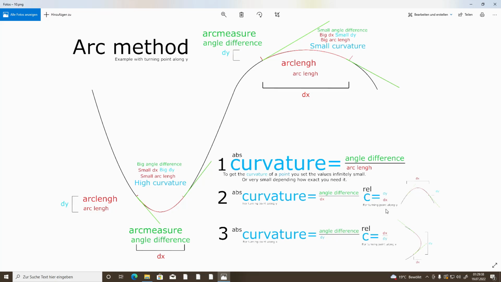Then you get some kind of relative curvature. I think that's all. It's very basic, and it's not necessary to go too deep, because it's not needed for this video. But yeah, let's go on.